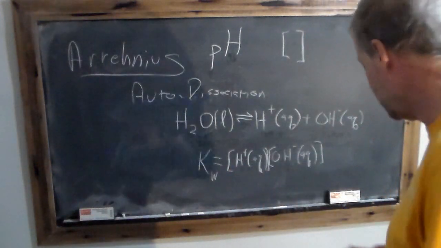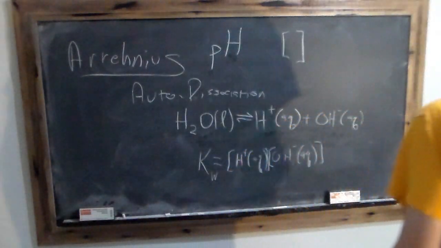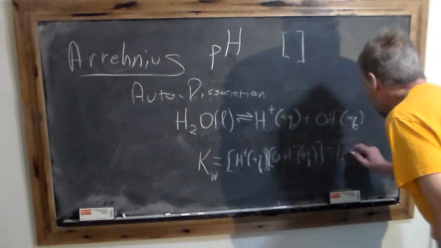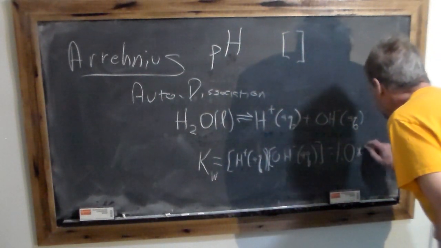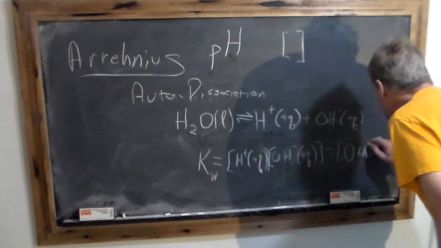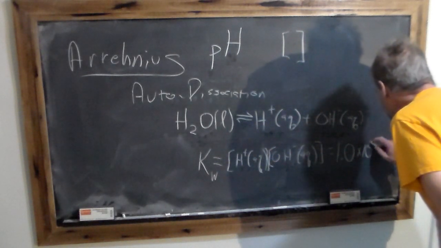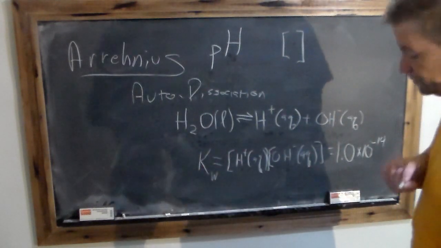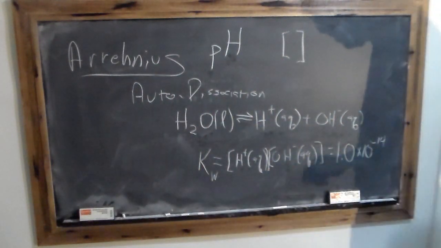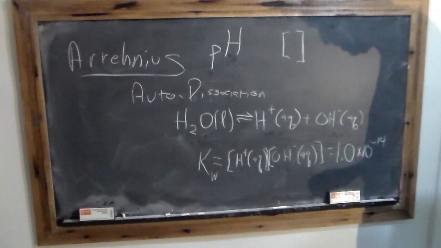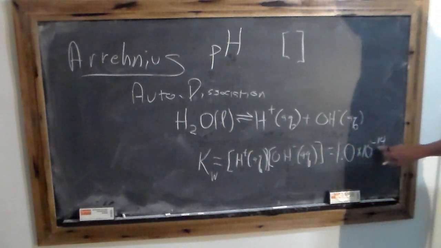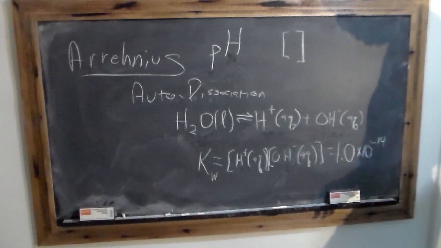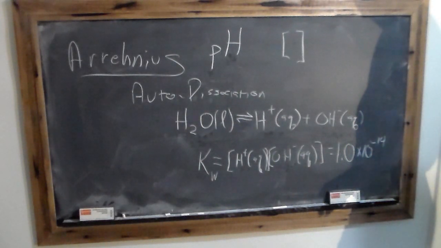It is an experimentally measurable constant, and it has a value of 1.0 times 10 to the negative 14th power. Oh, is that starting to look a little bit familiar to you? Yeah, you're right. The 14 here corresponds to the 14 in the pH scale. Good call, Star. I'm impressed.